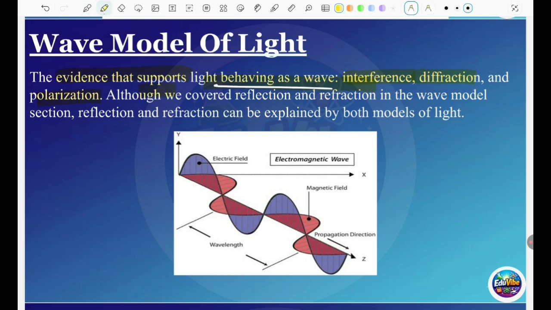We also cover reflection and refraction in the wave model section. Reflection and refraction can be explained by both models of light. So these two things explain both models. We also do the interference, diffraction, and polarization, which are the main evidence that light is behaving as a wave.